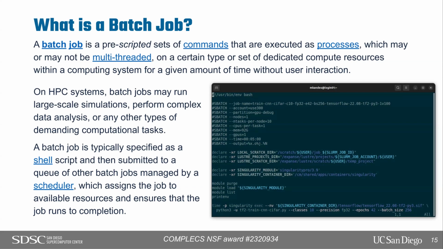Usually when you submit a job script to Slurm, bash is the most common Linux shell that you'll use. The script is submitted to the job scheduler, which will then assign the available resources that you've requested in the script to run the commands that you've specified in the script, right?